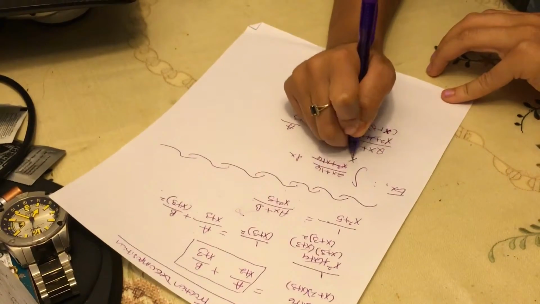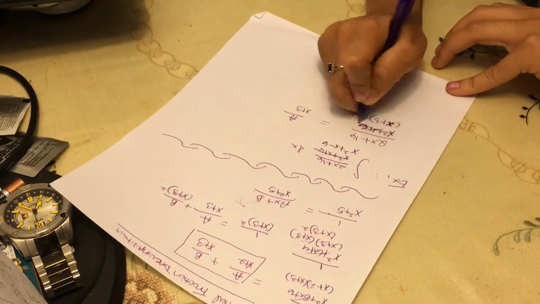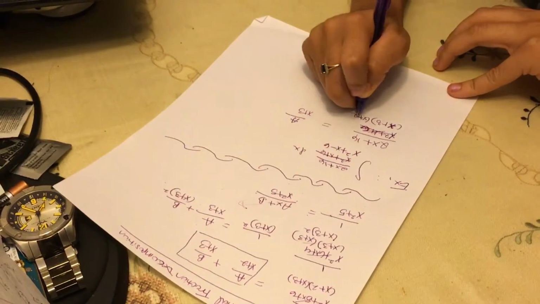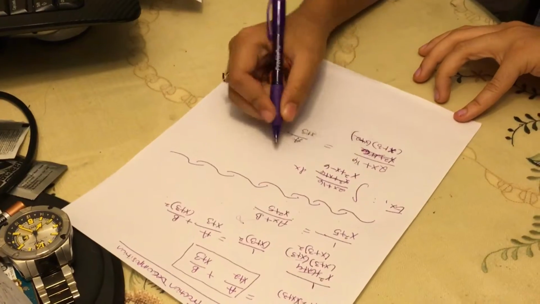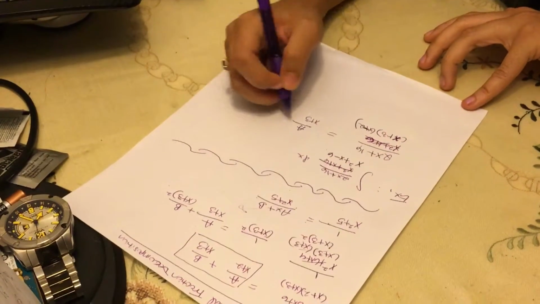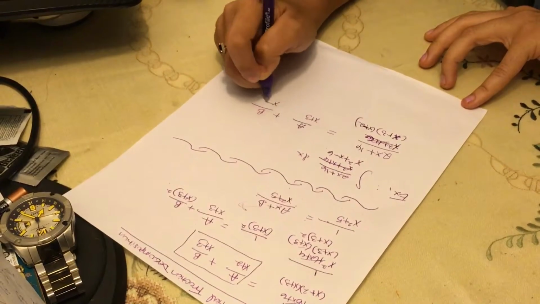This is wrong. This is supposed to be x squared plus x minus 6. So this will factor out into x plus 3 times x minus 2. So you'll split the denominator into a over x plus 3 plus b over x minus 2.